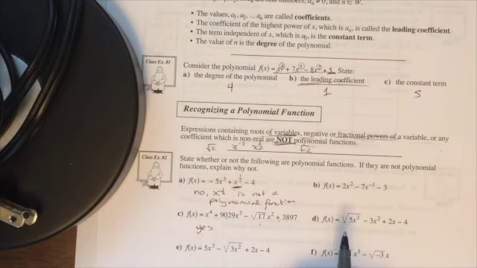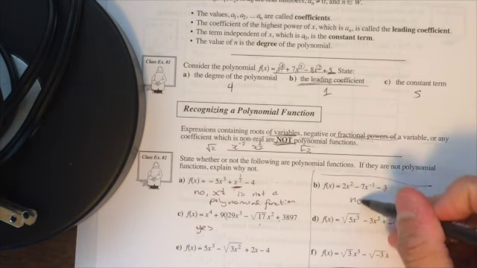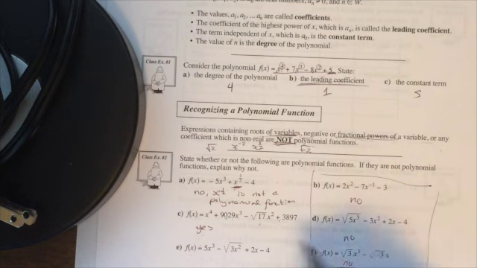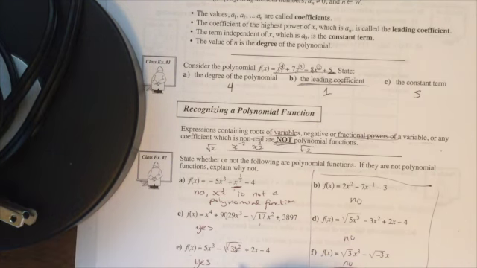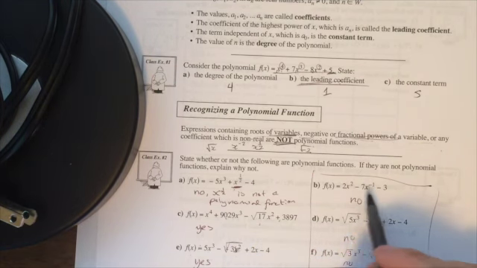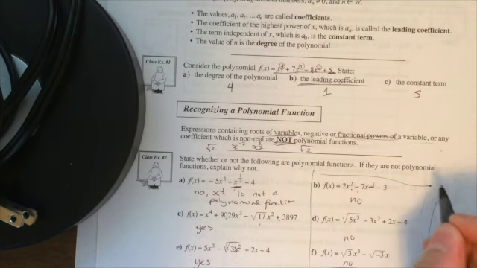E, and maybe I'll do a couple more. I'll point out that actually, all of these ones, the answer is going to be no, they're not polynomials, and I'll go through those bit by bit. This one is, yes, a polynomial function. Even though I have the square root of a variable with a fraction, we can break that down and say that it's equal to square root of 3 times x. But this one is not a polynomial function because I have a negative power in this example, so that can't be.